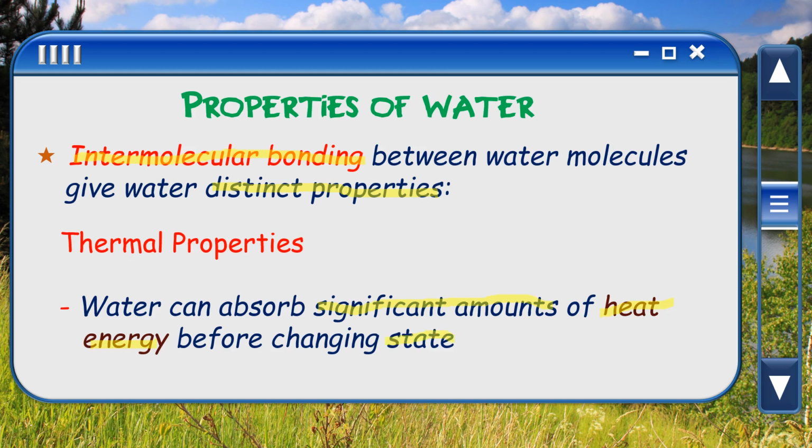So, when we apply heat to water, before it changes from liquid to vapor, it will require you to provide a lot of heat to break those bonds so that the liquid water can turn into vapor. Therefore, water can absorb a significant amount of heat energy before it changes its state.